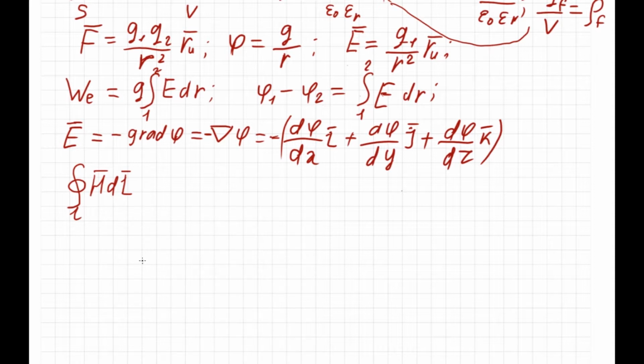We can take a unit of the contour as a vector along the contour. It equals the integral over the surface which is limited or constrained by this contour.